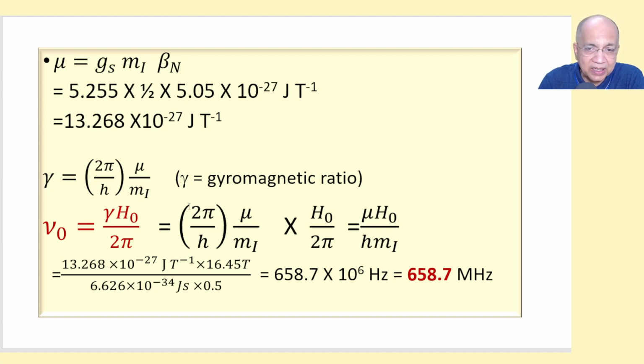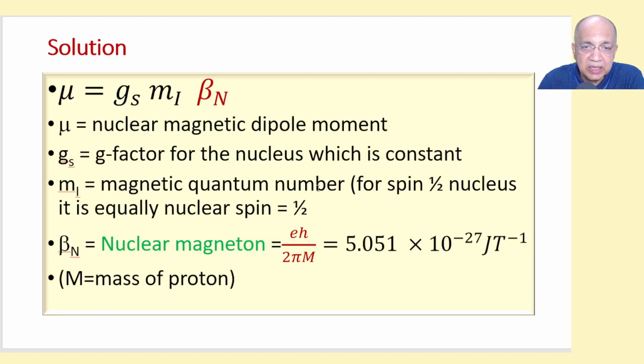Gamma is 2 pi mu by h I, so the 2 pi gets cancelled, and it becomes mu B0 by h I. Putting these values, mu we have already found out in joules per Tesla, and the field is given in the question, 16.45.